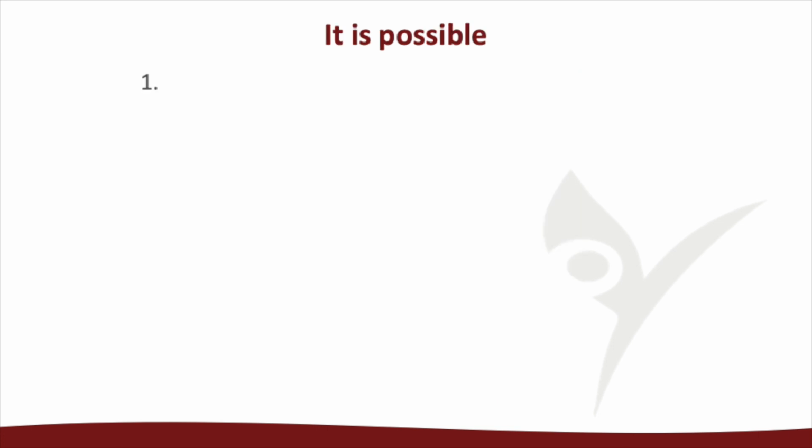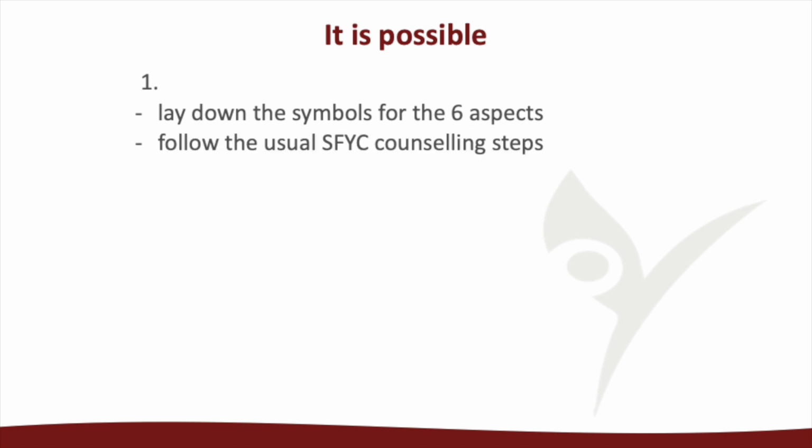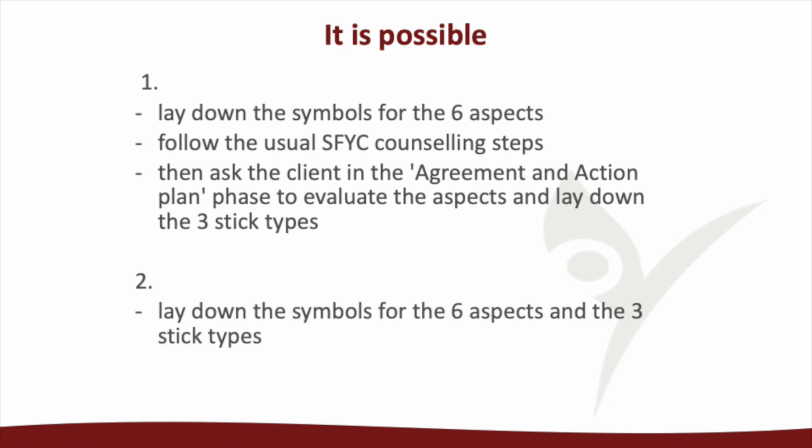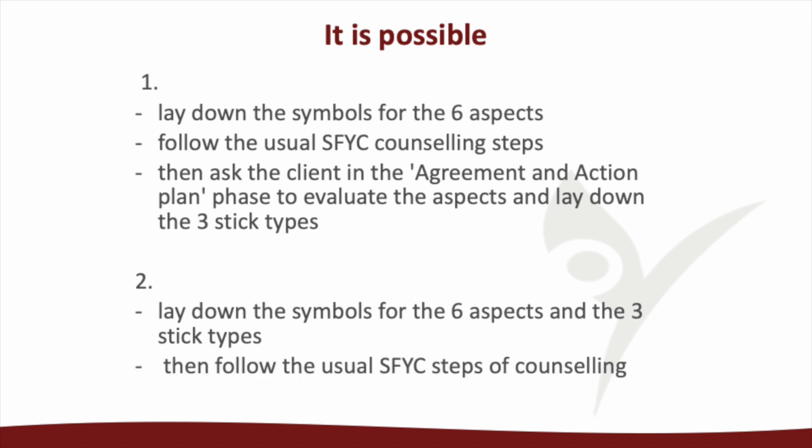Possible, first, to lay down the symbols for the 6 aspects, then follow the usual SfYC for Use Care counseling steps, and then ask the client in the agreement and action plan phase to evaluate these aspects and lay down the 3 stick types. Or you can lay down the symbols for the 6 aspects and the 3 stick types in same phase and then follow the SfYC for Use Care steps of counseling.